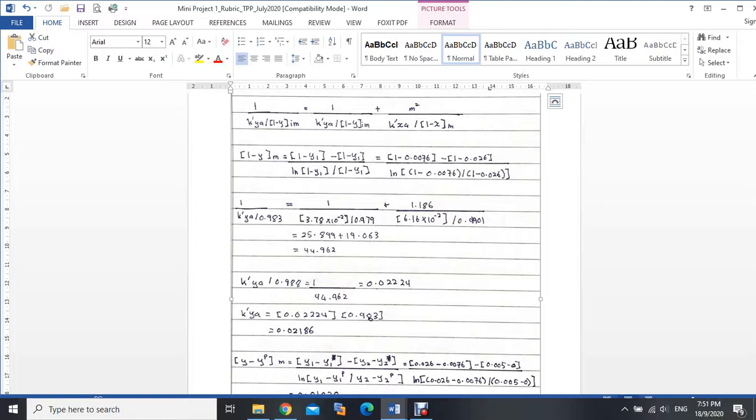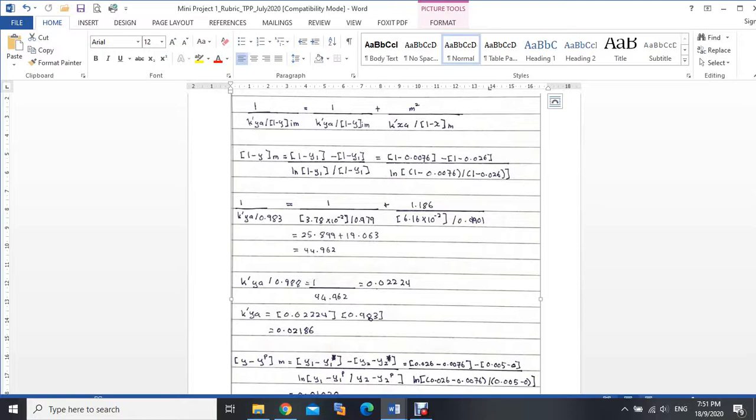So before we solved our question A and B, we just use the last trial to calculate 1 minus YIM and 1 minus XIM, where M prime value is actually the gradient of the equilibrium slope, which in the question is 1.186.